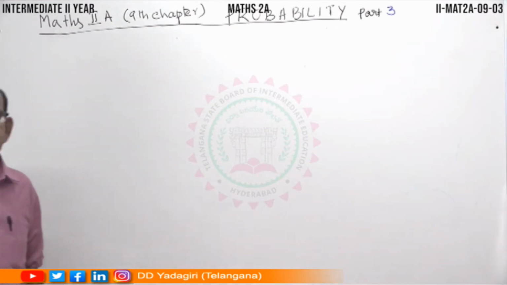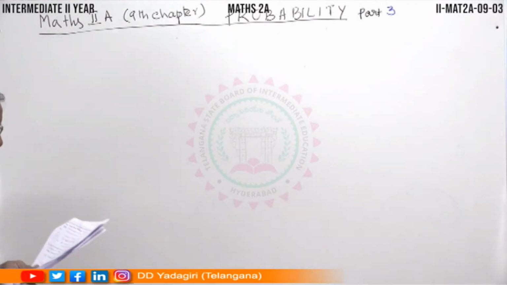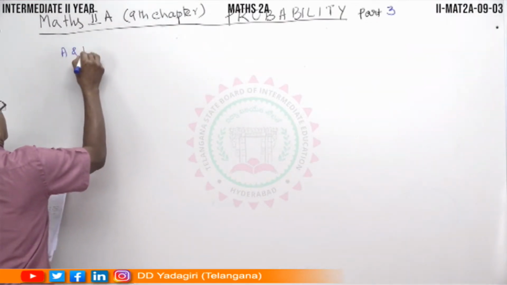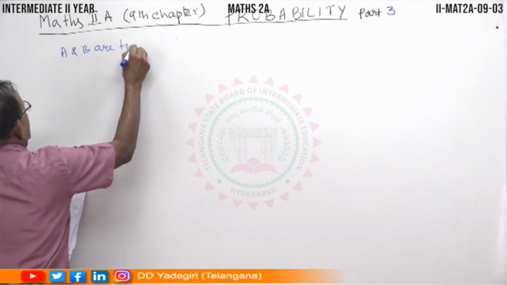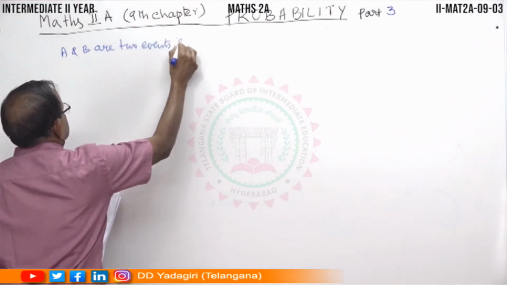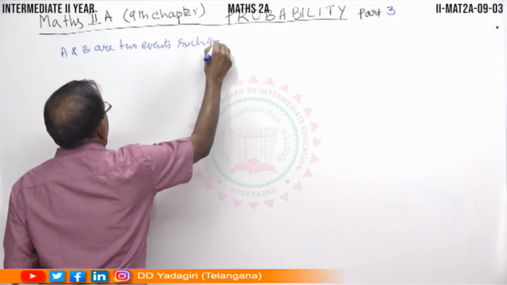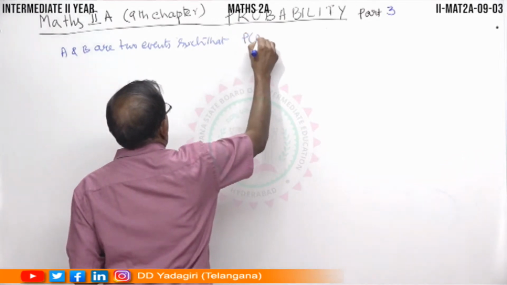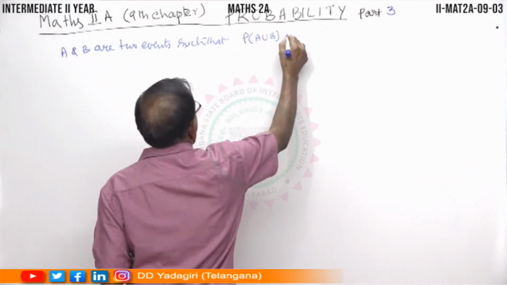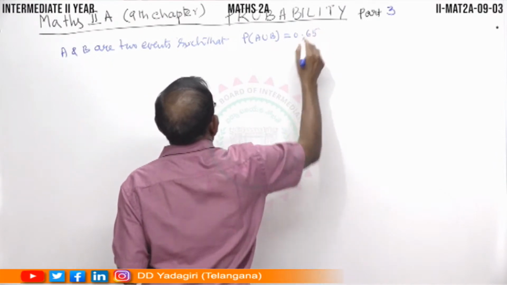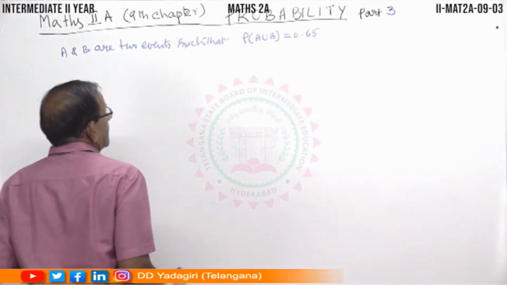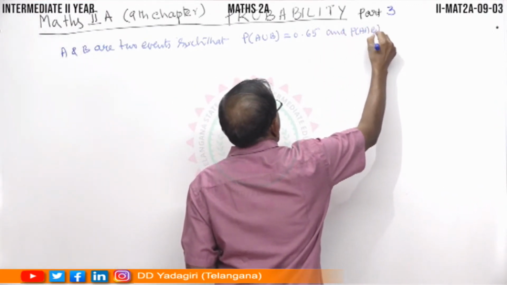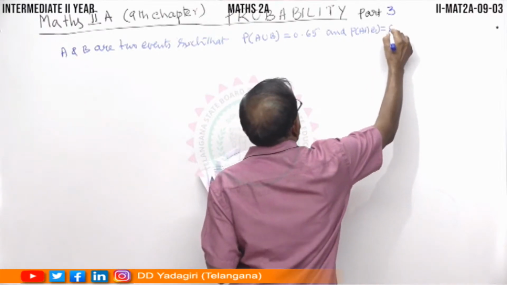I am going to explain one more problem. A and B are two events such that P of A union B is equal to 0.65 and P of A intersection B is equal to 0.15.